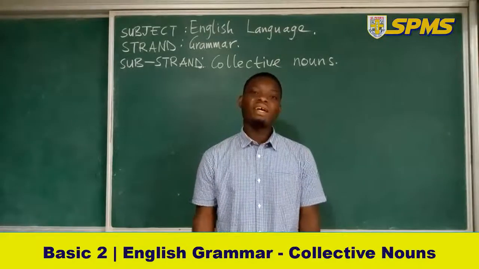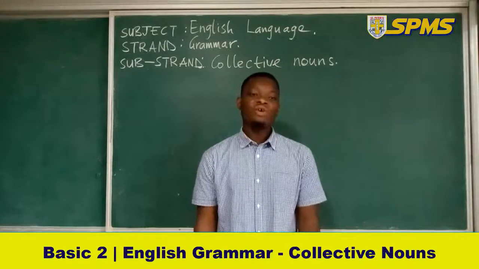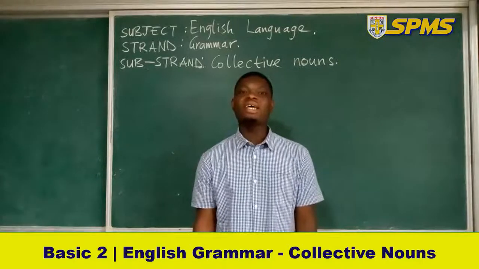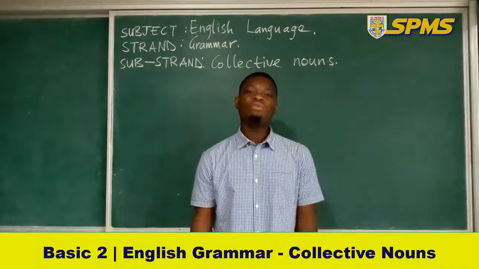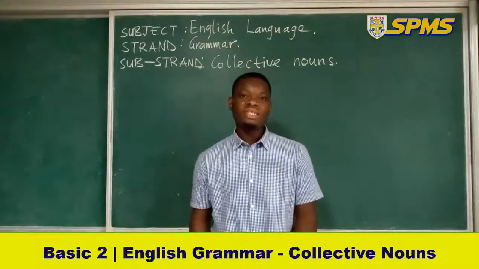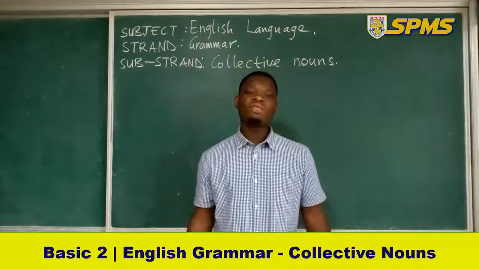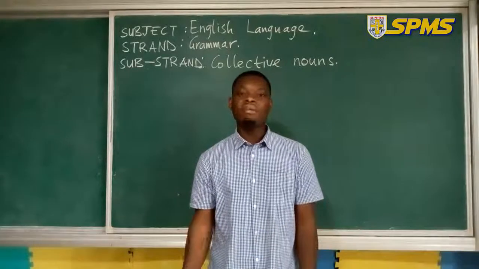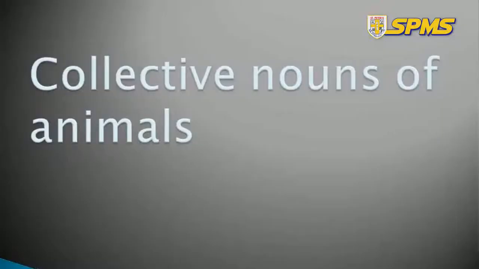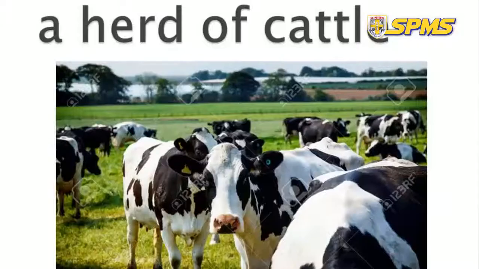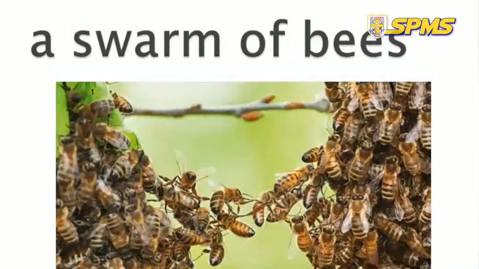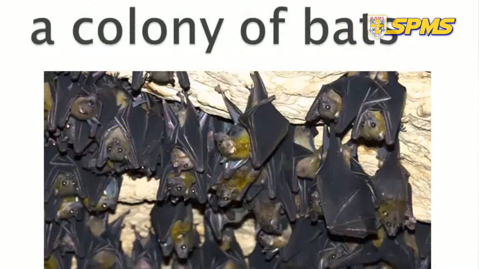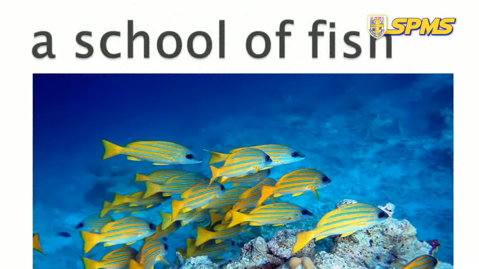From our discussion so far and from the video that we watched, collective nouns name group of people, animals, or things as a whole. It puts them together, not individually. It puts them together and calls them as the whole. So we can have collective nouns for animals like a herd of cattle, a swarm of bees, a flock of sheep, a colony of bats, a school of fish.